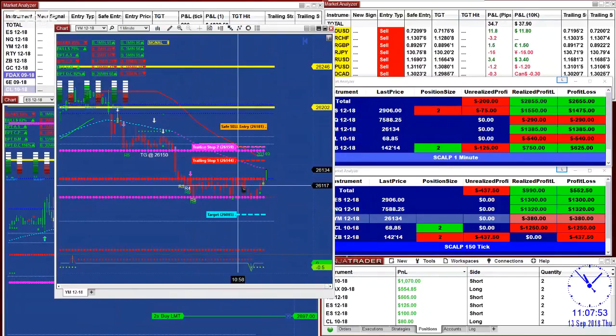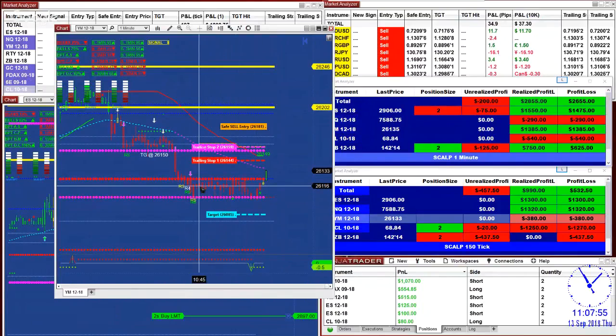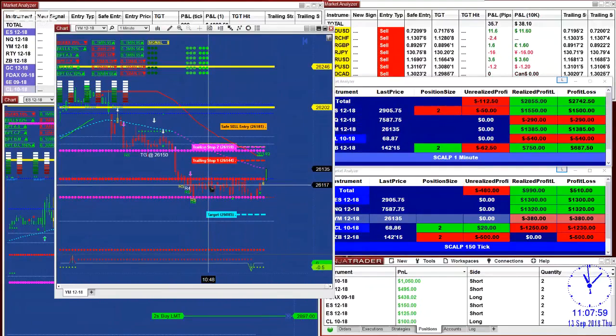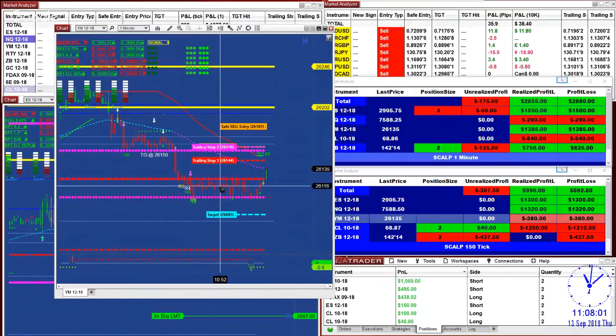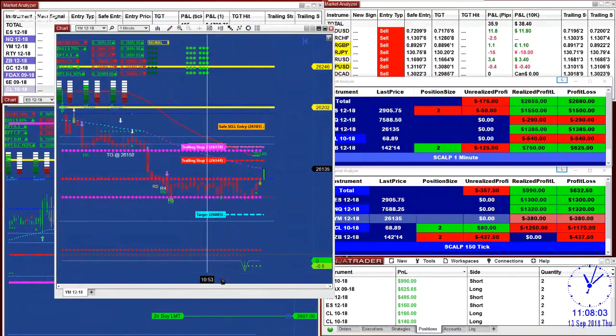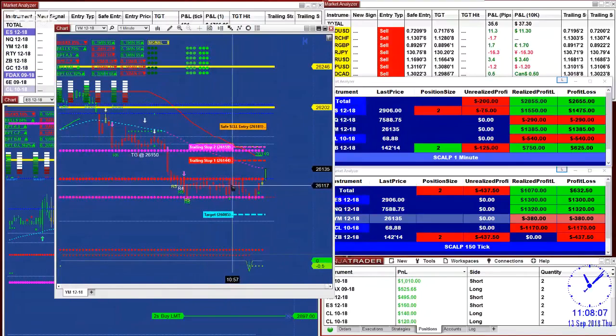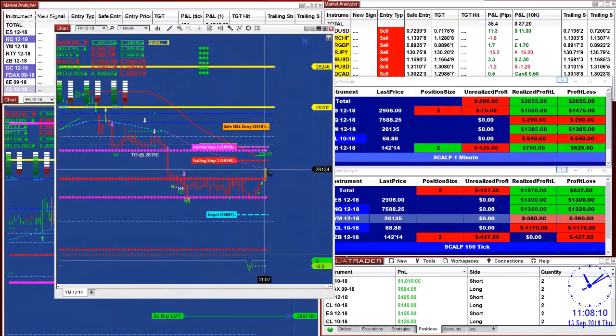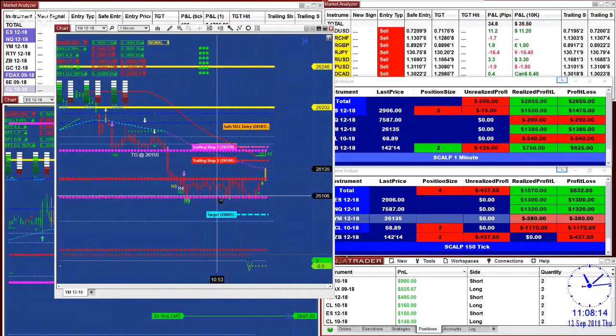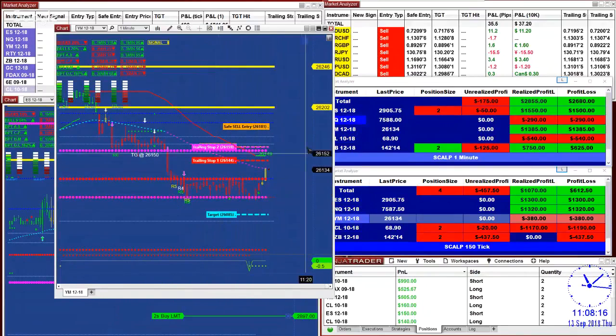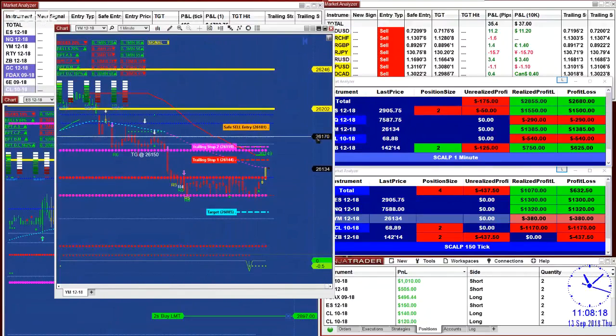So when you see this market getting stuck, do not auto trade. Do not do anything. Go have a coffee, wash your car, but don't go head to head with the market. Once you see this market start breaking out from this box here, then it is time to turn on your auto trade or whatever you want to do.